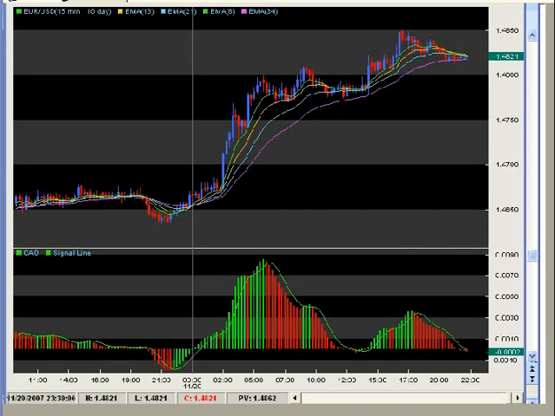You can see that as the euro trades higher, the green trades above all of the other averages. So when the 8-period EMA is pierced by a candle, it acts as a warning of a hesitation in the trend. That's the first observation.